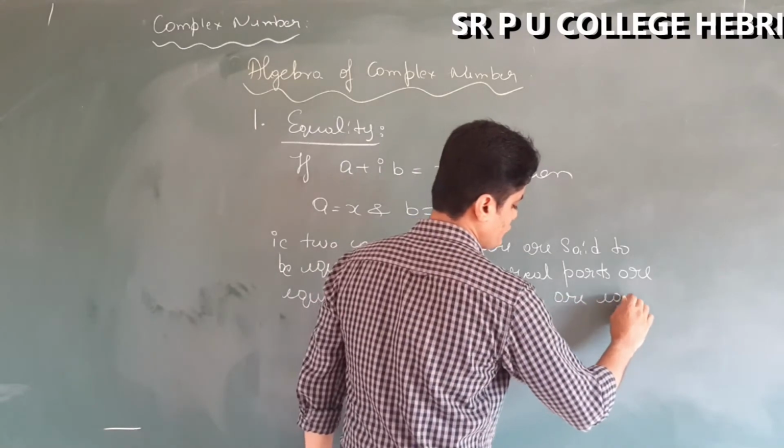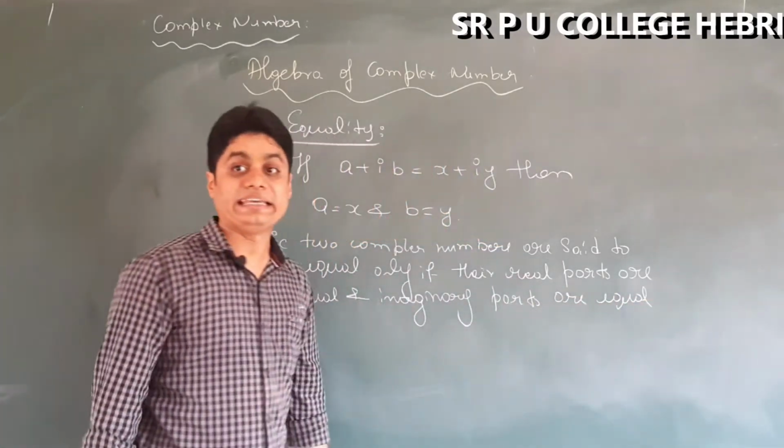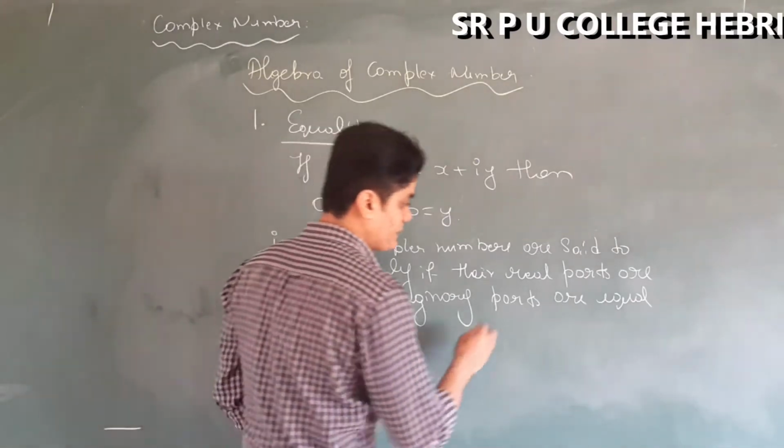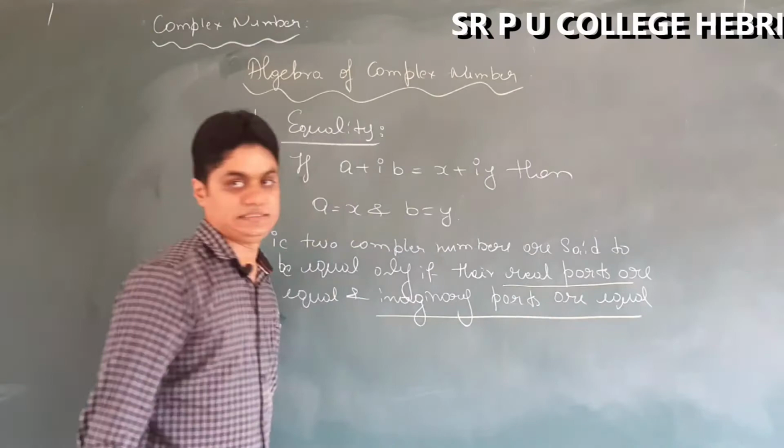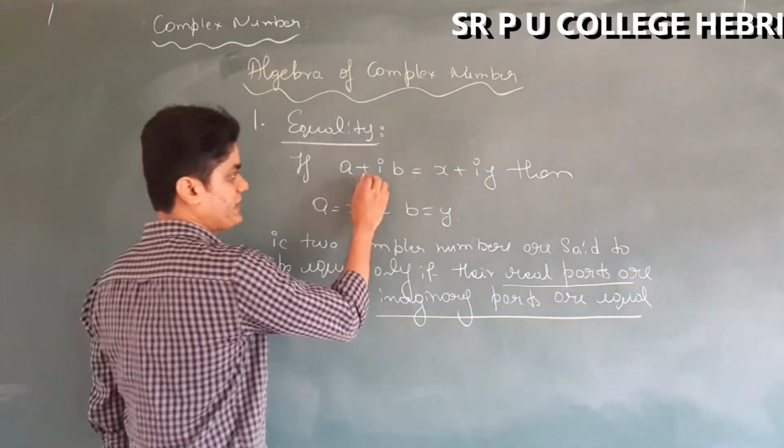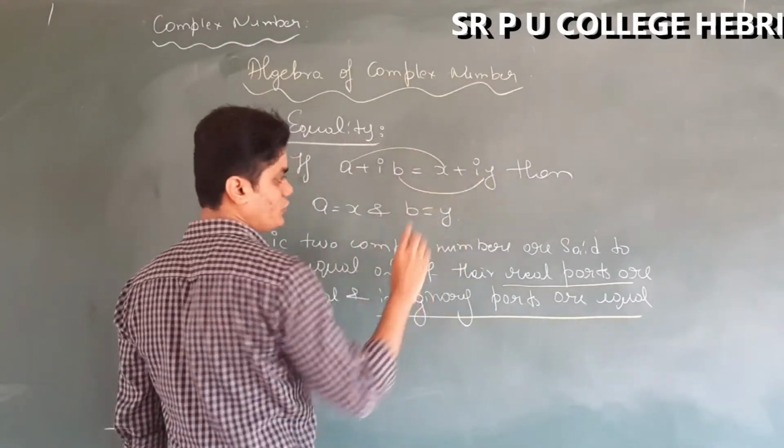Remember that. So two complex numbers are equal if their real parts as well as imaginary parts are equal. So a is equal to x, b is equal to y. Please remember that.